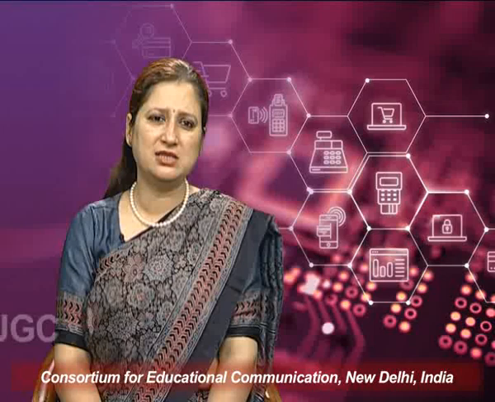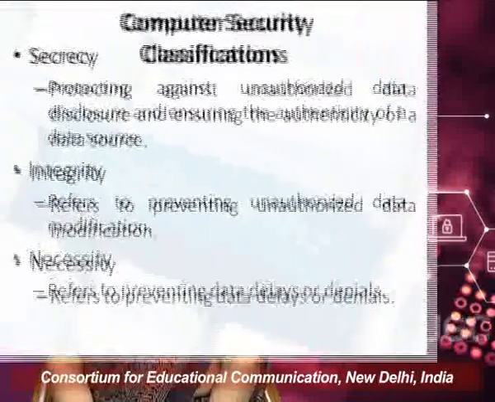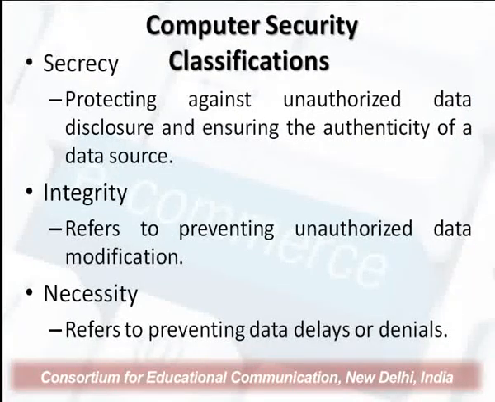So, basically if we look at computer security classifications, there are different terms which are important, different layers of security that we talk about. The first type of security term that is used is known as secrecy. Secrecy means protecting against unauthorized data disclosure and ensuring the authenticity of a data source.